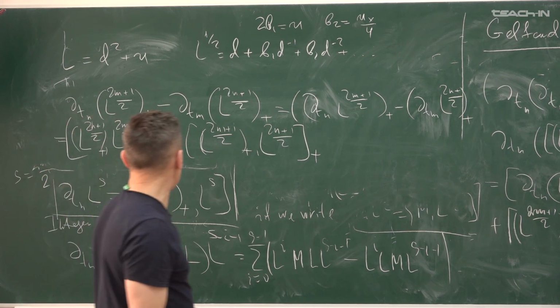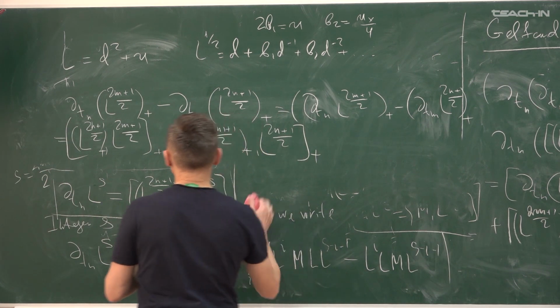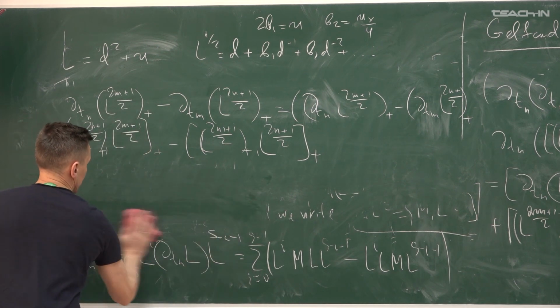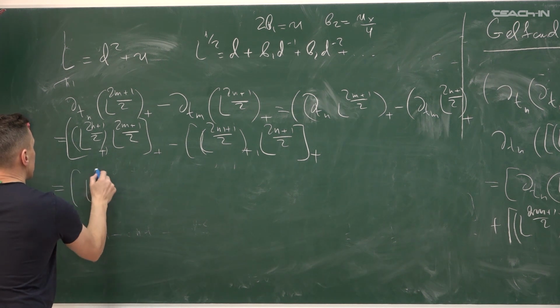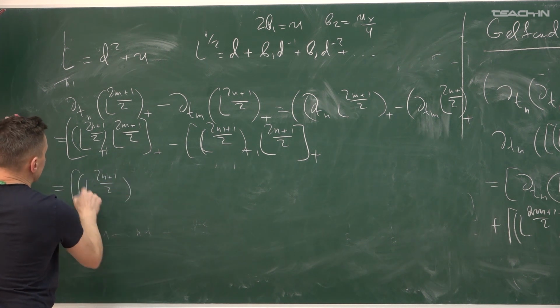And I have to prove that it is equal just to the commutator of the plus parts. So it is L^((2n+1)/2)_+.